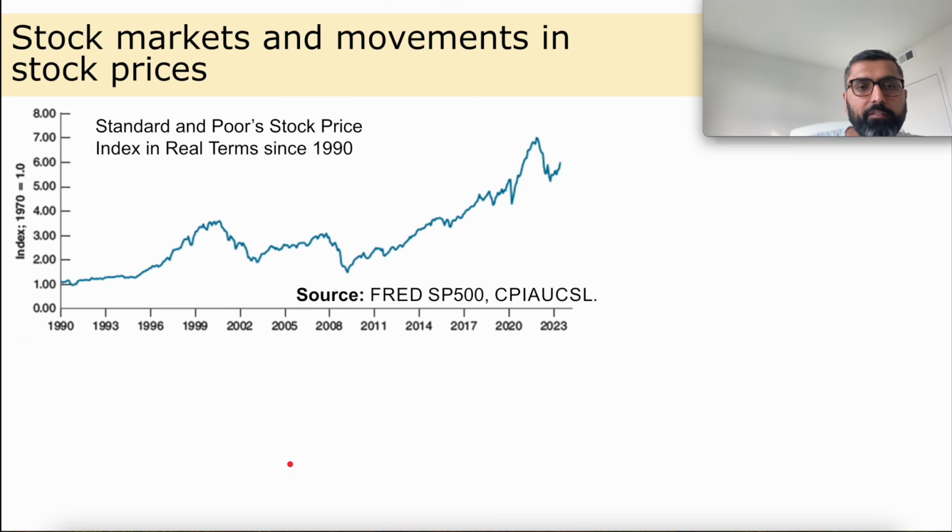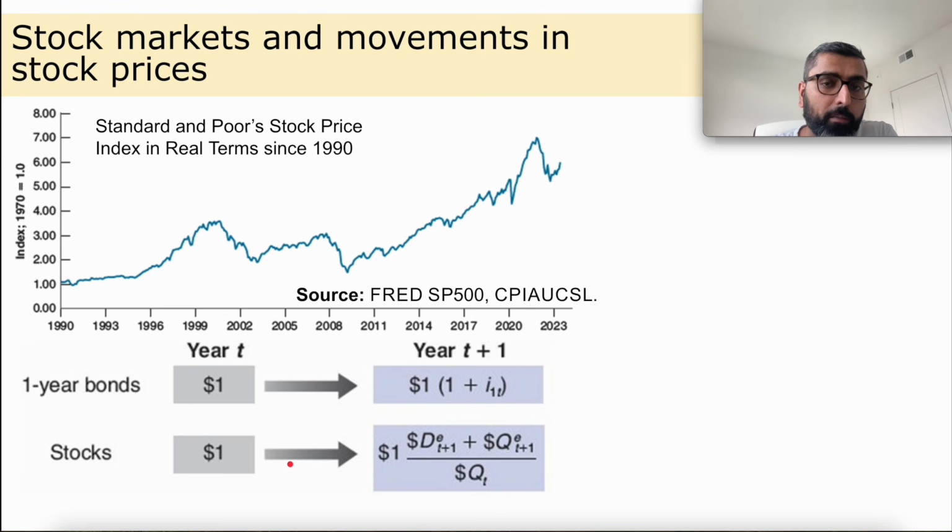So if you look in real terms, not in nominal terms, the stock market has gone up over a long period of time. If you look at this 30-year period, it has almost 5 to 6x, until 2023. And in real terms, yeah, and if you look in nominal terms, it's gone up much more. But in essence, the stock market is the same.